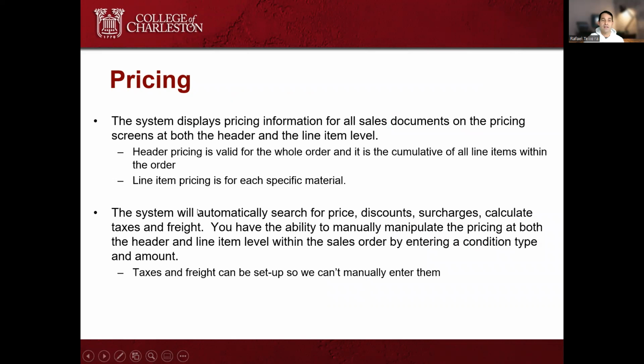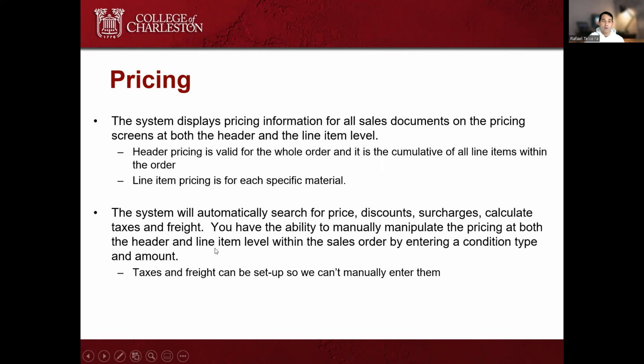Then we have the pricing. The system displays price information for all sales documents on the pricing screen, at both the header and the line of each item. We saw that before in the screenshot for a quotation and for the sales order. There is a price for each item.